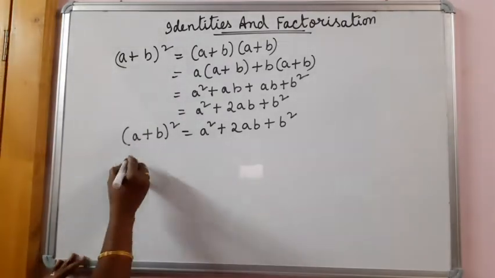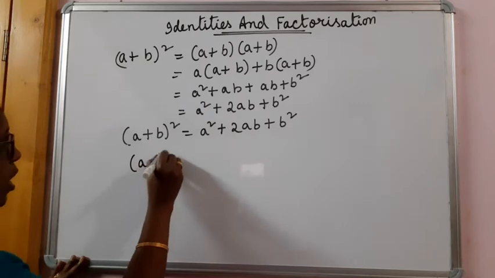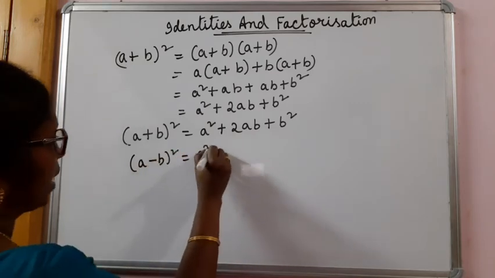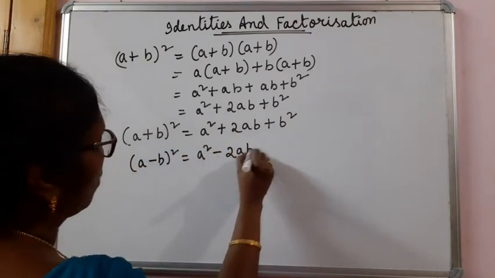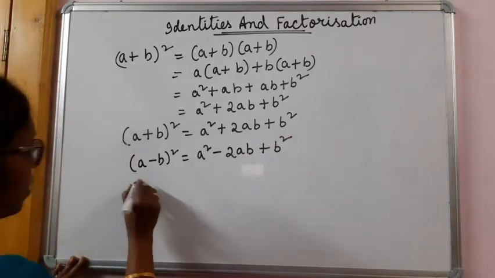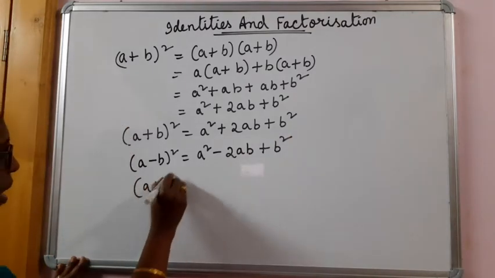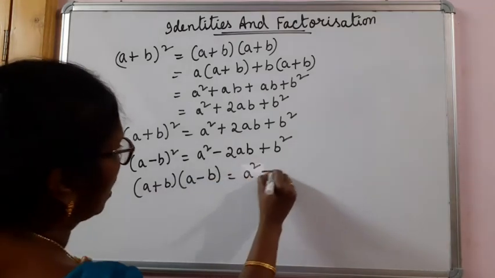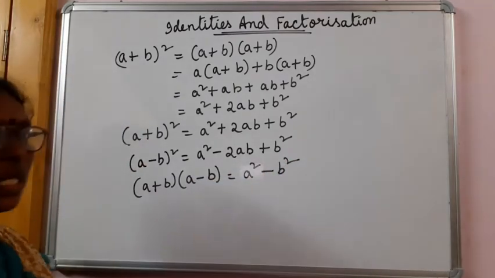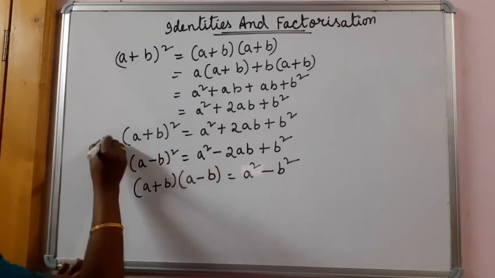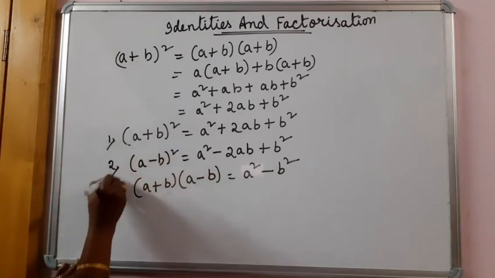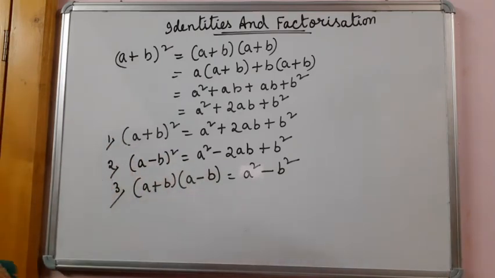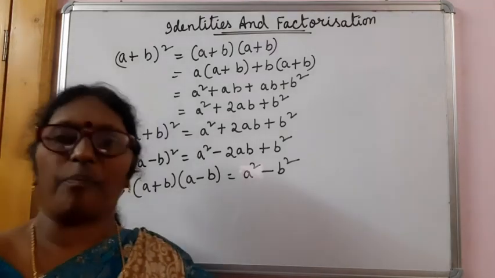Same way, a minus b whole square is equal to a square minus 2ab plus b square. And when we multiply a plus b and a minus b, we will get a square minus b square. So these are the three identities you have to remember in solving problems.